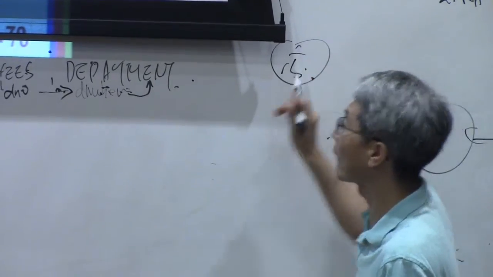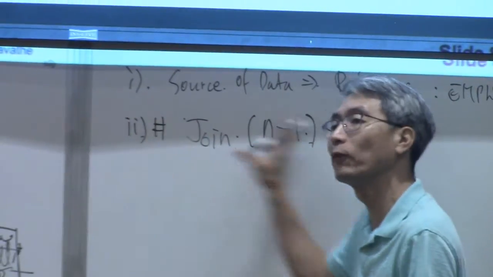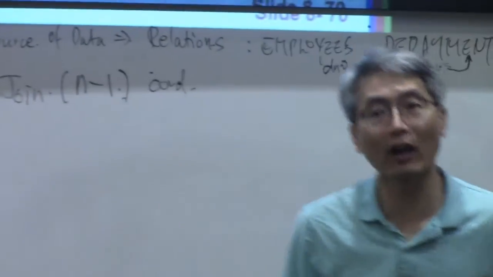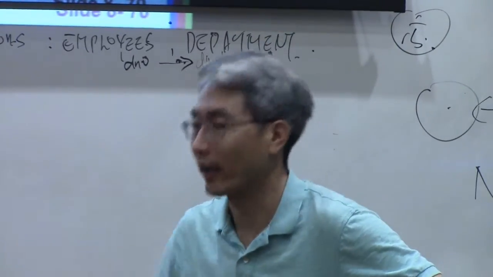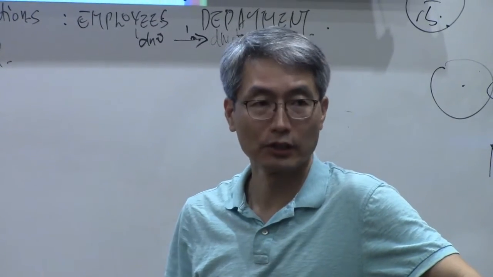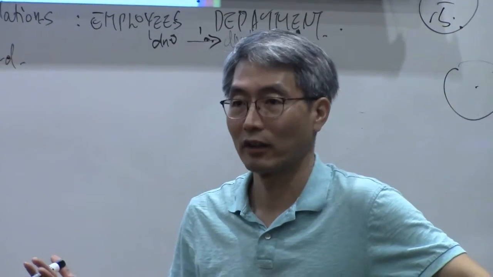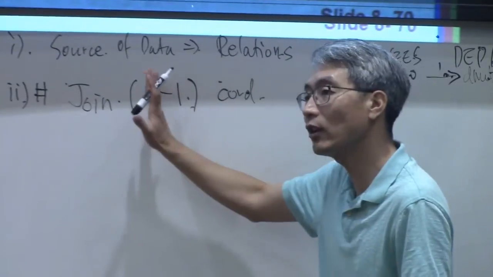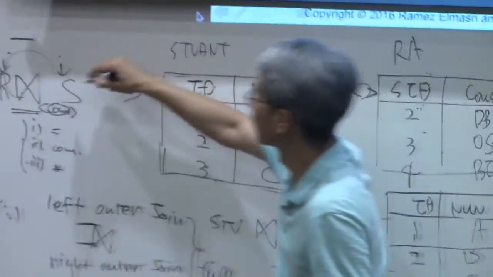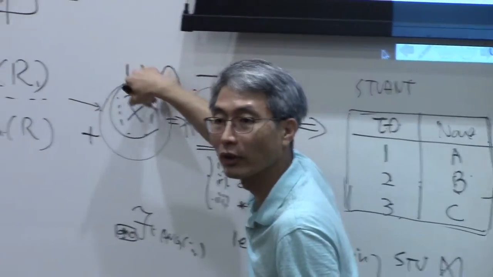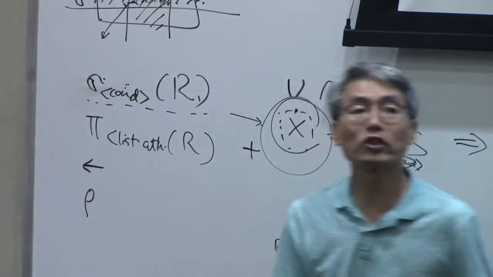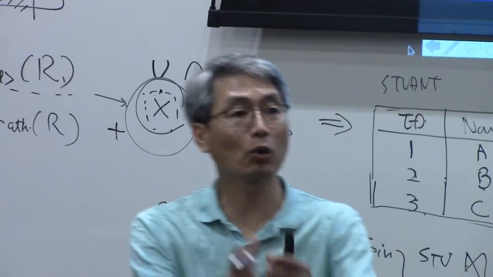However, if you do not put in the join condition, is it an error or is it okay to use? There is no error. Why? If you forget the join condition, it will be a Cartesian product. Cartesian product does not have a condition, which means it is all combinations.